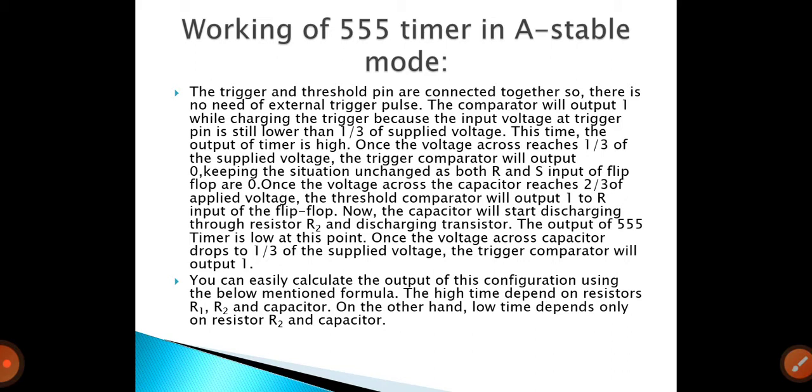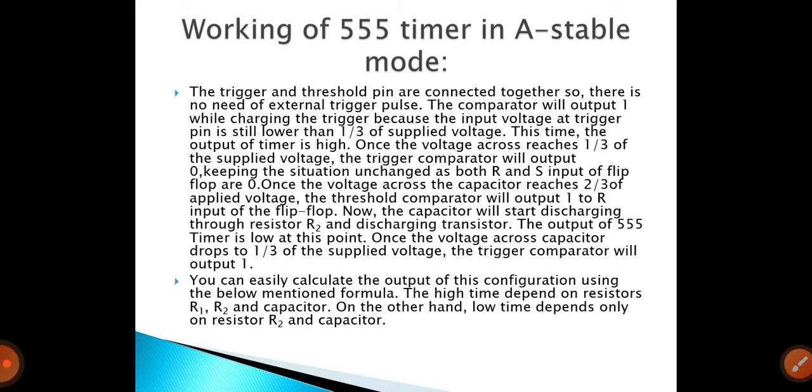Once the voltage across the capacitor reaches 2 by 3 of VCC, the capacitor starts discharging through the resistor R2, which means RB, and the discharging transistor; the output of the 555 timer is low. Once the voltage across the capacitor drops to 1 by 3 of the supplied voltage, the trigger comparator output is 1.